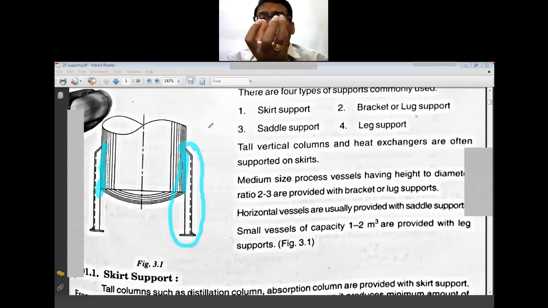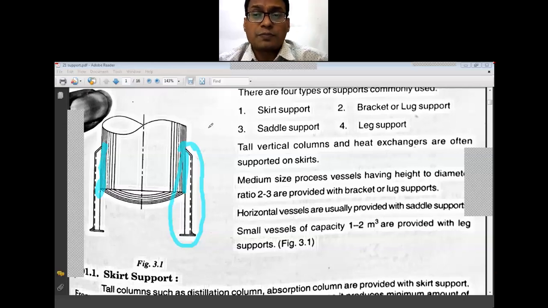That means a certain round black or white part attached to your steel vessel. That is for support and for fitting purposes, where grooves are provided with this support. Certain grooves are provided and locking has to be provided in those vessels. So that is nothing but your skirt support.